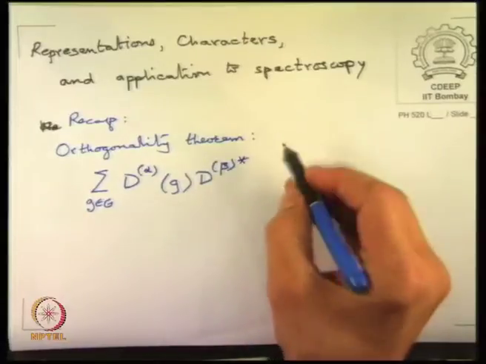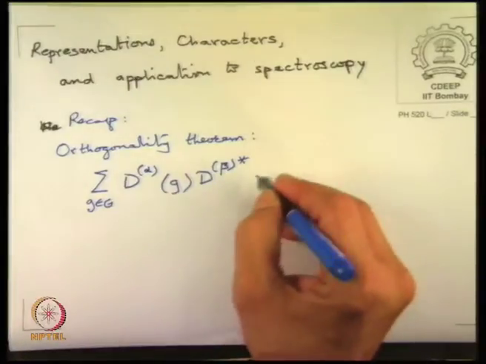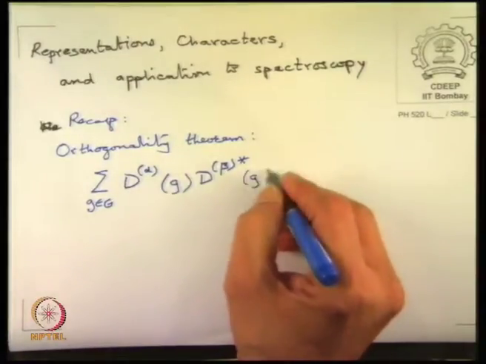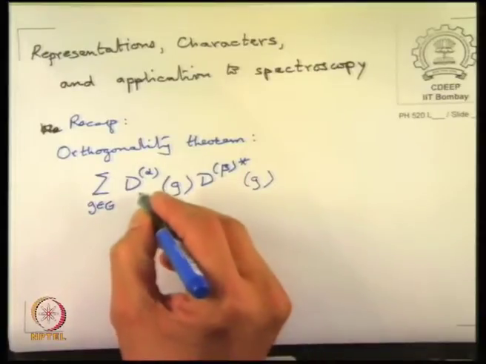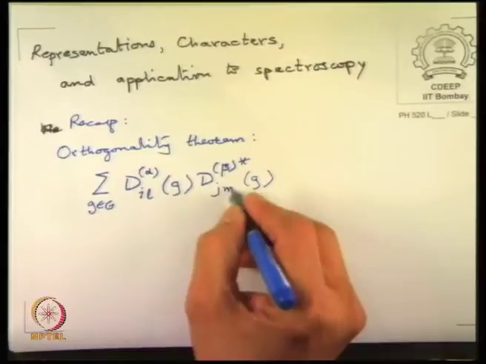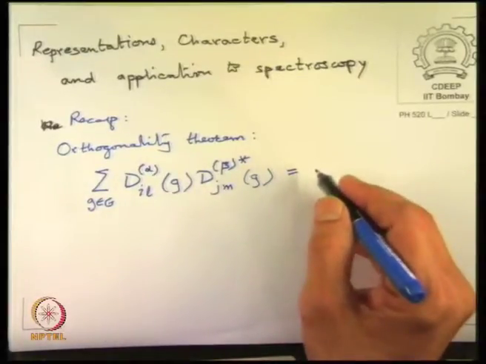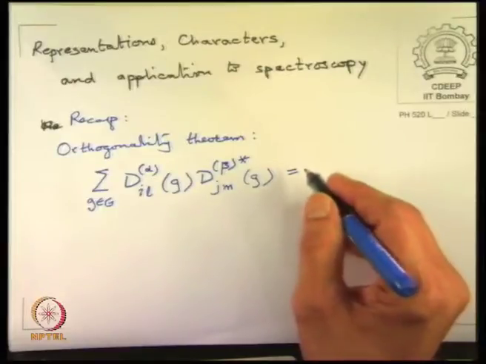We will assume unitary representation because we have proved that you can always find a unitary representation, and il and jm. So this has orthogonality in each of the three class of indices.